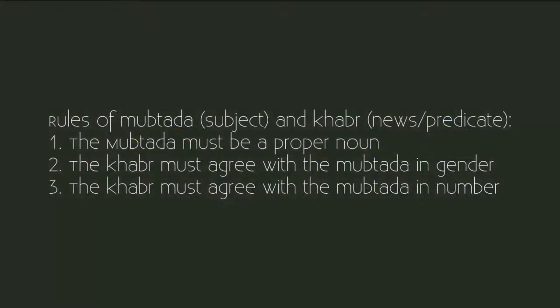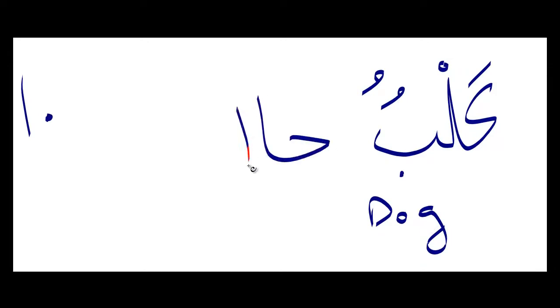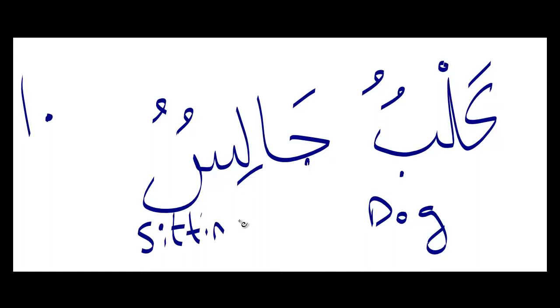So the rules of Mubtada and Khabar, what are they? First and foremost, the Mubtada must be a proper noun. So what's an example of the first rule? Let's say we have the word Kalb. Kalb means dog. And let's say Jalisun. Jalisun means sitting.